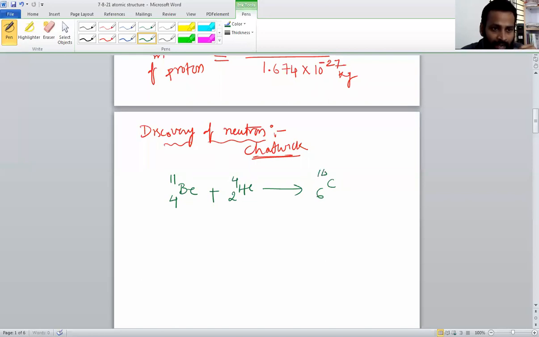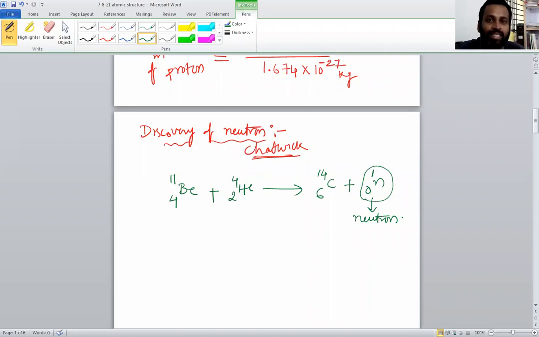And 0 for the remaining atomic number, because the total atomic number here is 4 plus 2, so the remaining is 0, and 11 plus 4 is 15, so 14 you have, so 1 remaining. This particle representation is called neutron. Please try to understand the discovery of neutron by Chadwick.